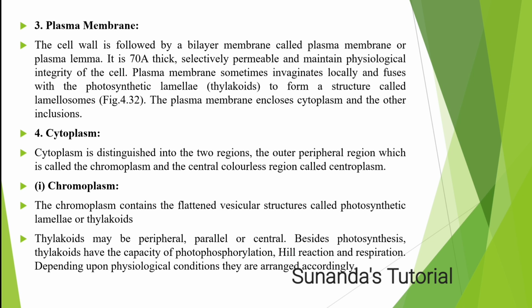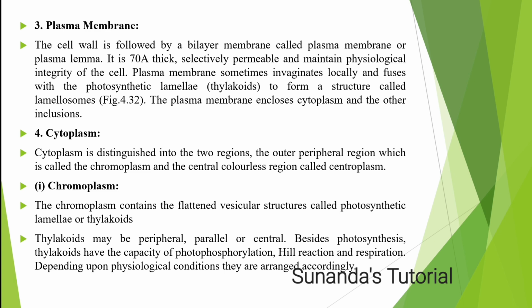Inner to the plasma membrane, cytoplasm is present, which is divided into the outer chromatoplasm and the central colorless region called the centroplasm. Generally, the pigments are present in the outer or peripheral region called the chromoplasm, and the central portion lacks those pigments. It has the genetic material.